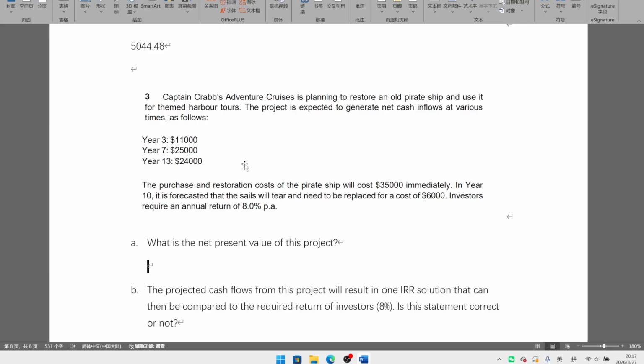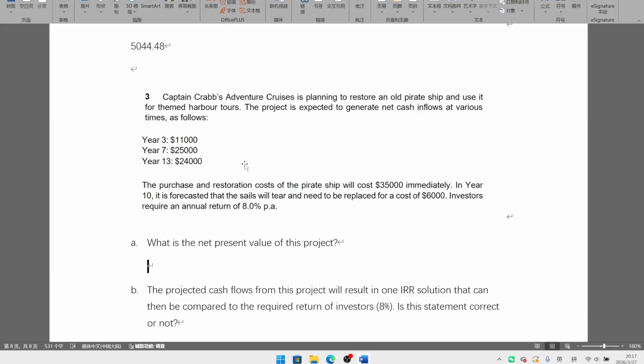N is 3, I is 8, payment is 0, future value is 11,000. We just need to compute the PV. No, something is wrong with my calculator. I don't know. Just do it again.